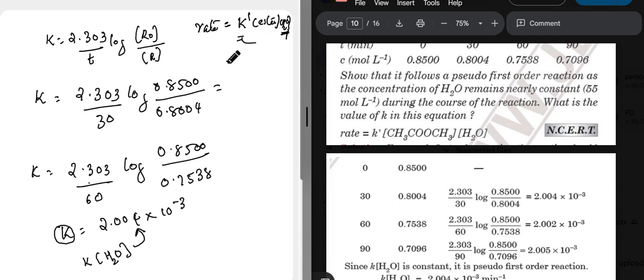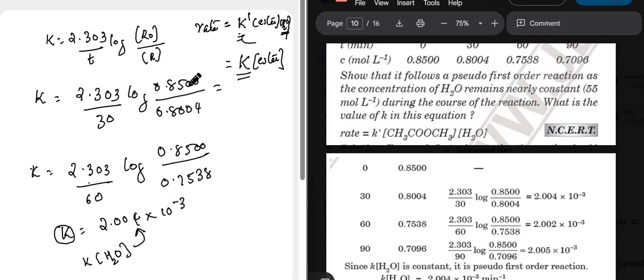When these two multiply, we get the K which we got here. These two constant values together make another constant, that value of K only we found out. So that value of K is this original K dash into water concentration. In this question, that K is given as K dash. That's why I am choosing that notation.